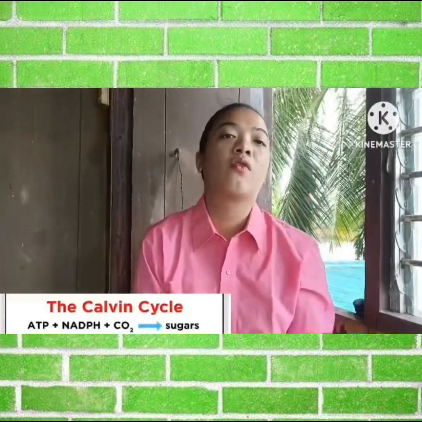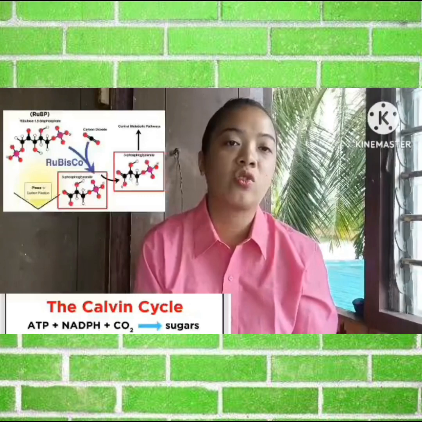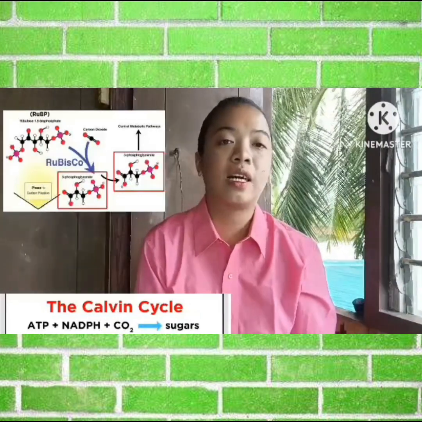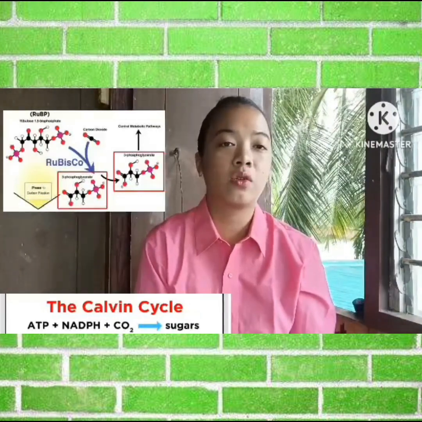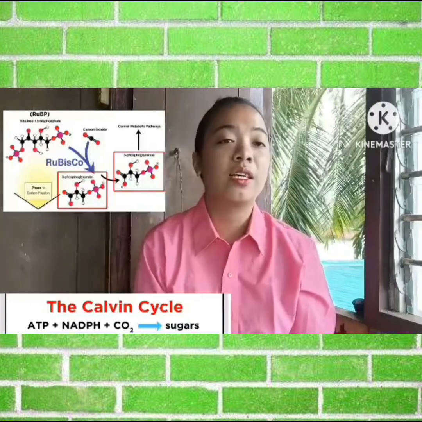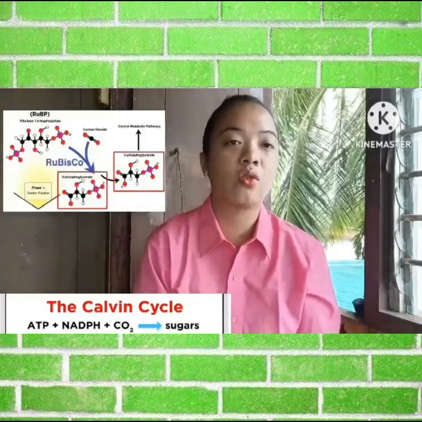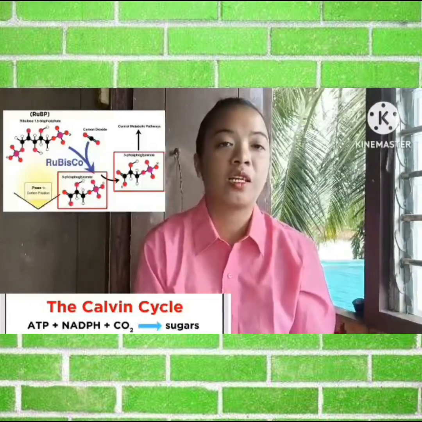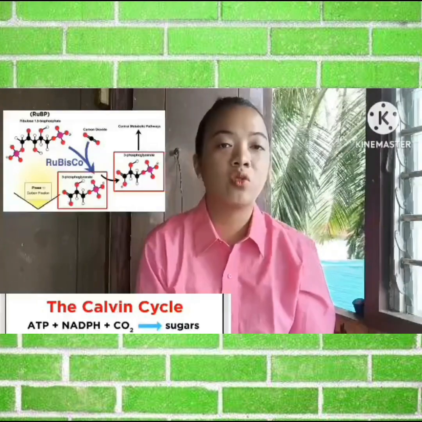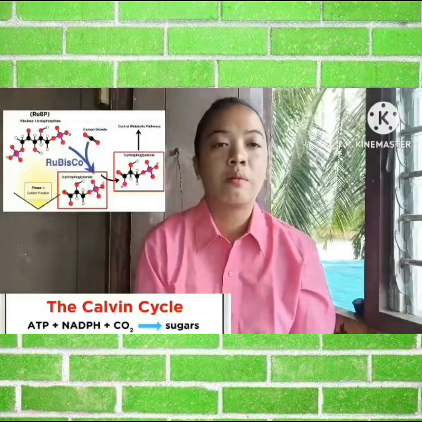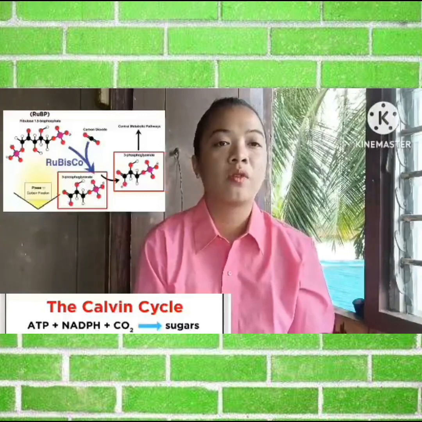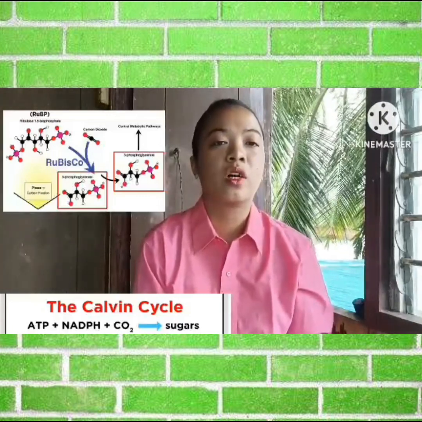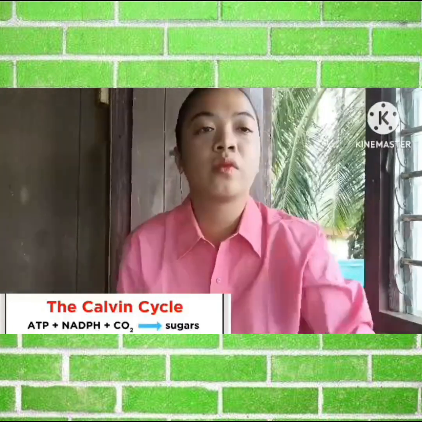Stage 2, which is the Calvin cycle, happens in three phases. For phase 1, carbon fixation occurs and is catalyzed by an enzyme called rubisco. Rubisco captures CO2 from the atmosphere and attaches it to a 5-carbon sugar called ribulose bisphosphate, or RuBP.